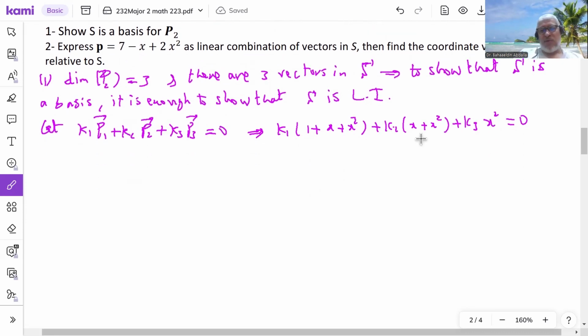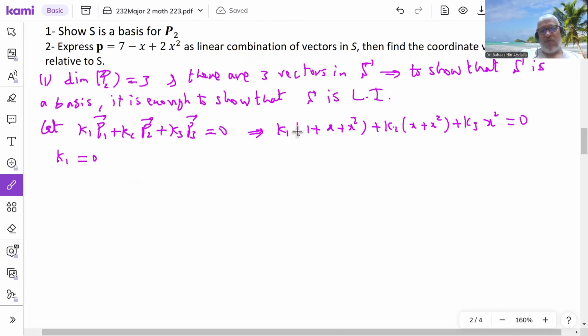Now, you are dealing with polynomials, so the constant terms should be equal to 0 because the right-hand side is 0. 1 times K1 plus, there is no constant term here, there is no constant term here. So K1 should be equal to 0.